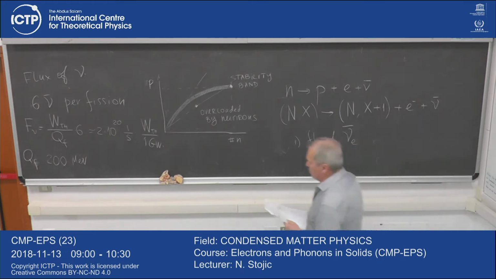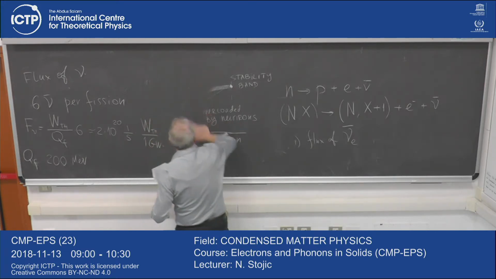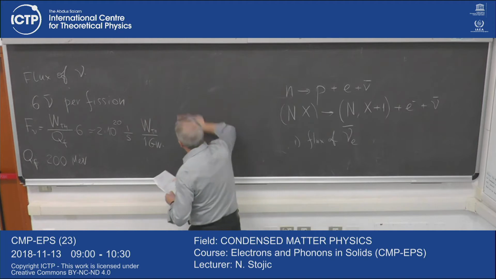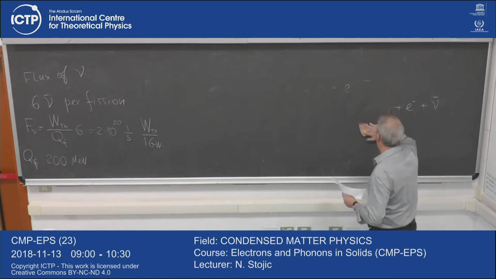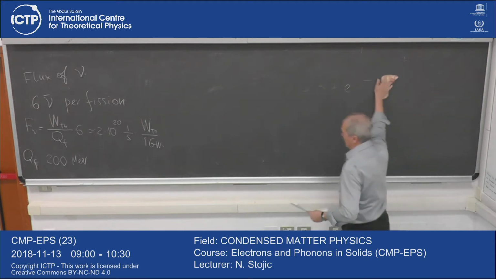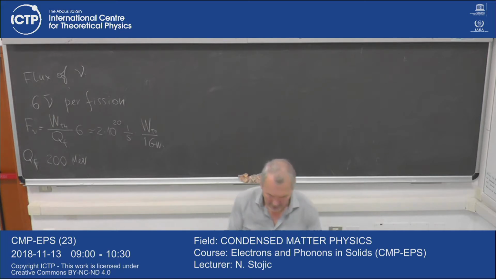Now what is the energy spectrum? Computing the energy spectrum of neutrinos is a really very non-trivial problem. As I mentioned already, there are about 6,000 different branches of the decays. So in principle, you need to sum up the spectra from all these beta decays.